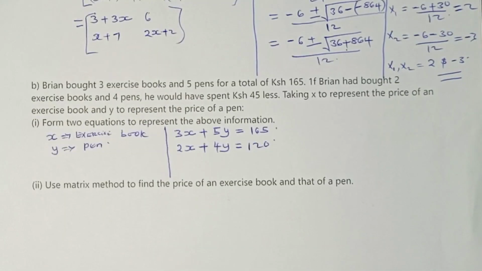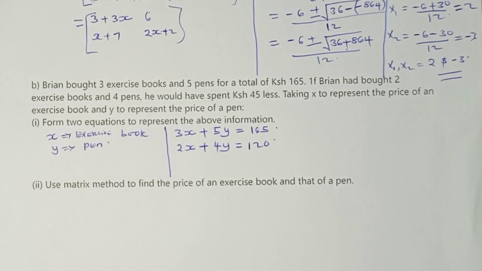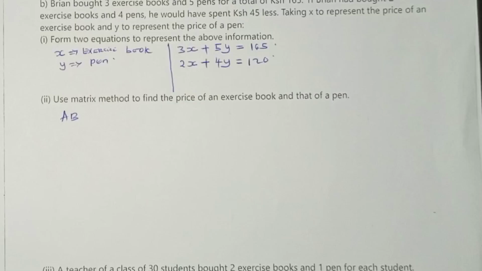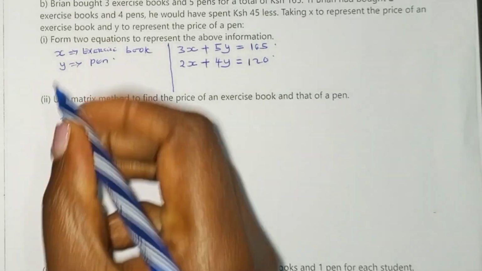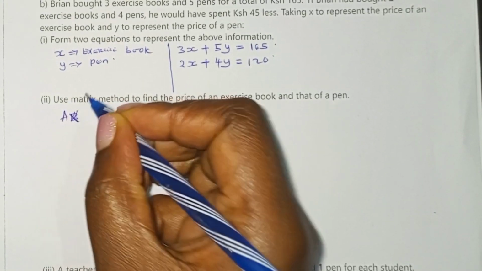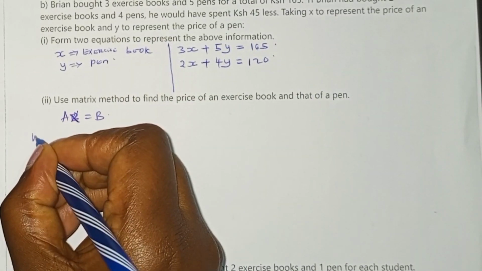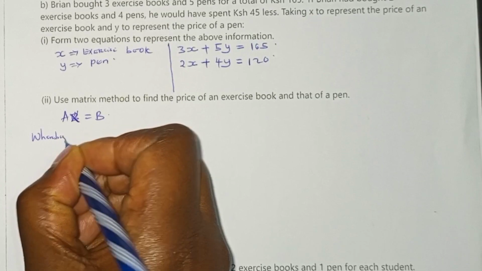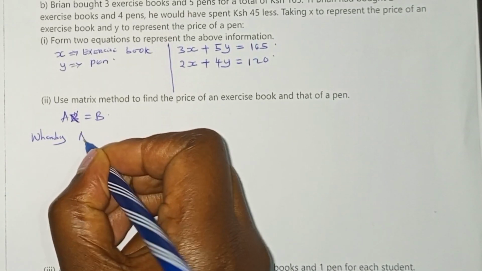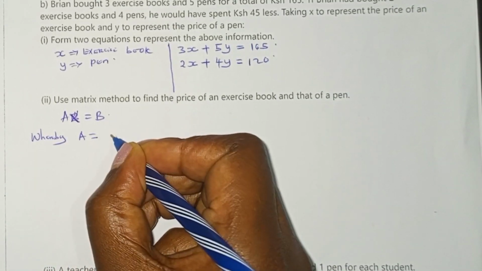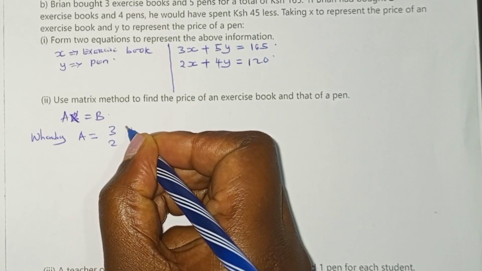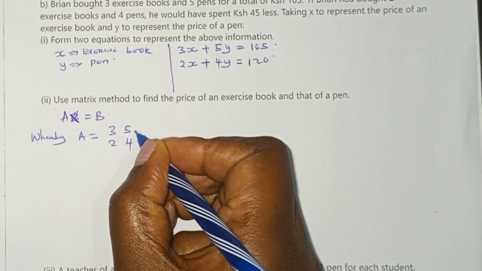The next question, Roman number 2: use the matrix method to find the price of an exercise book and that of a pen. So the matrix form of the system is AX is equal to B, whereby our matrix A is 3, 2, 5, 4.